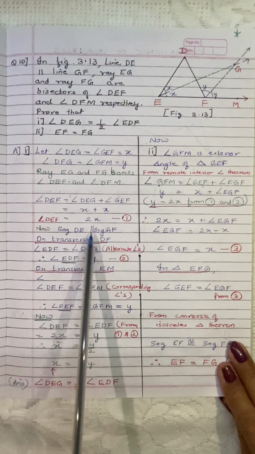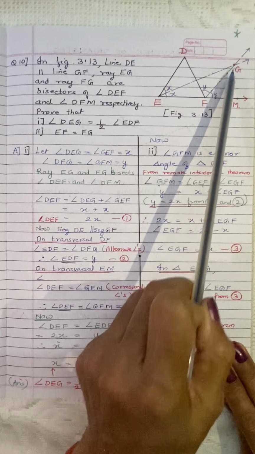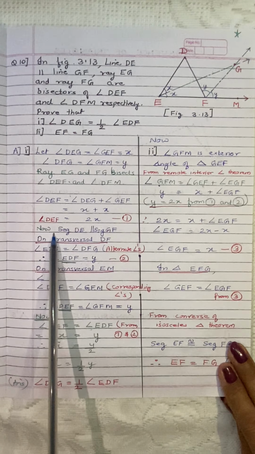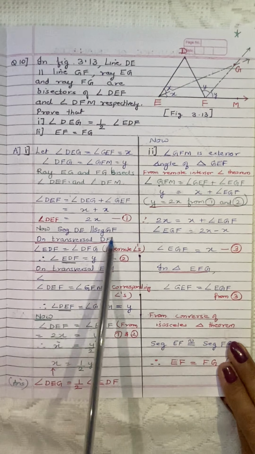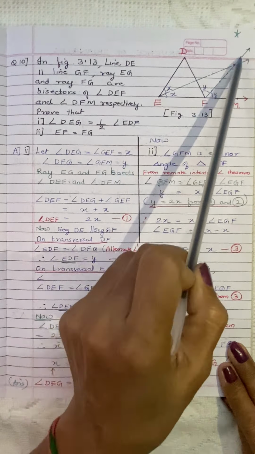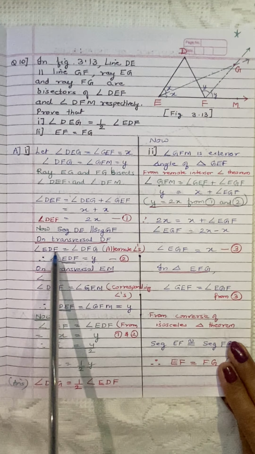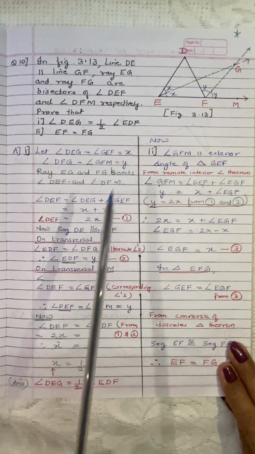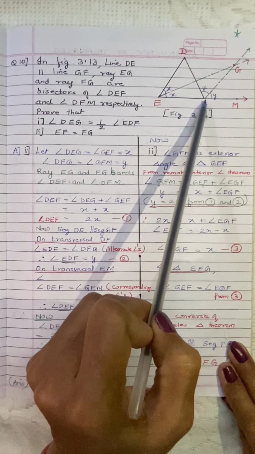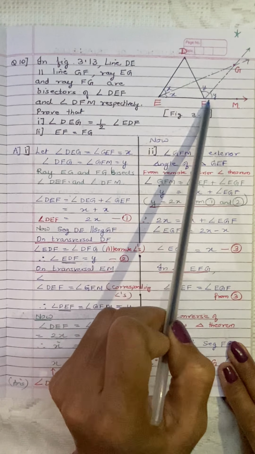Now segment DE is parallel to GF, on transversal DF. Supposing these two are the parallel lines, then this has to be the transversal DF. Angle EDF is equal to angle DFG.